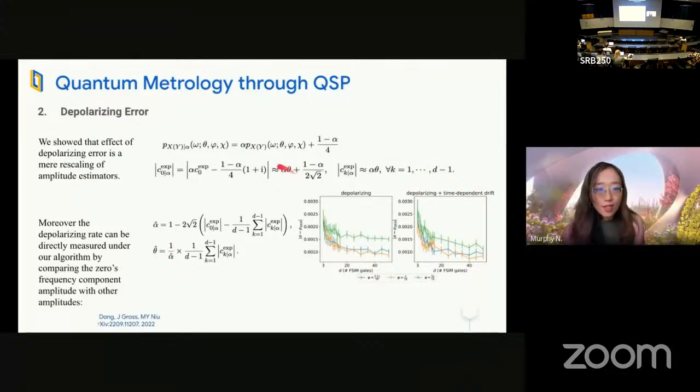So we provide a way to directly estimate the depolarizing strength and use that estimation to compensate its effect in our inference for theta. On the right-hand side, we show its performance in simulation under the depolarizing noise, where it converges pretty fast under both depolarizing noise and time-dependent drift in phi, as we expect such decomposition should offer.